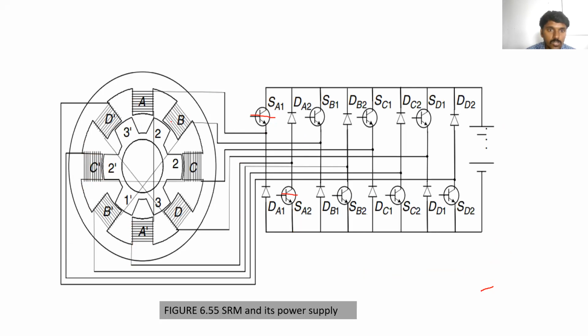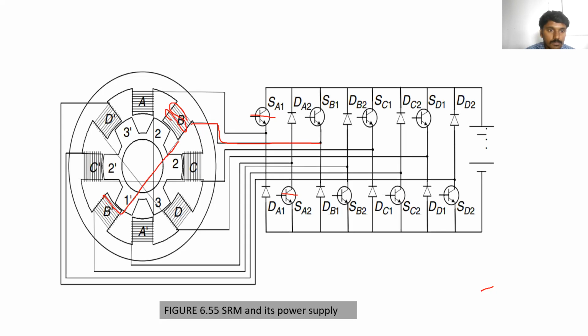Now the B coil should be excited, the B coil should be energized. In order to energize this B coil, which switches should be closed? Now you see the B coil is connected to this phase, and the current is flowing through this coil.